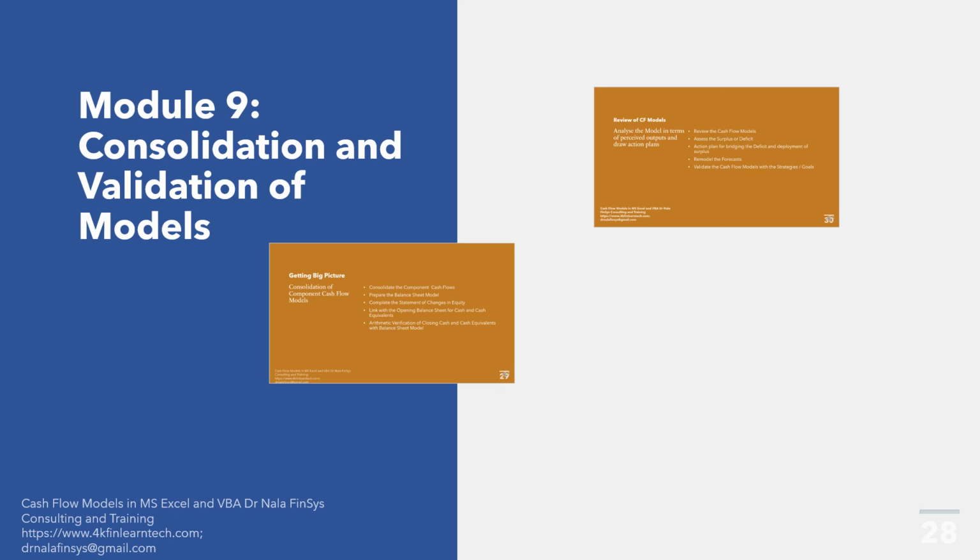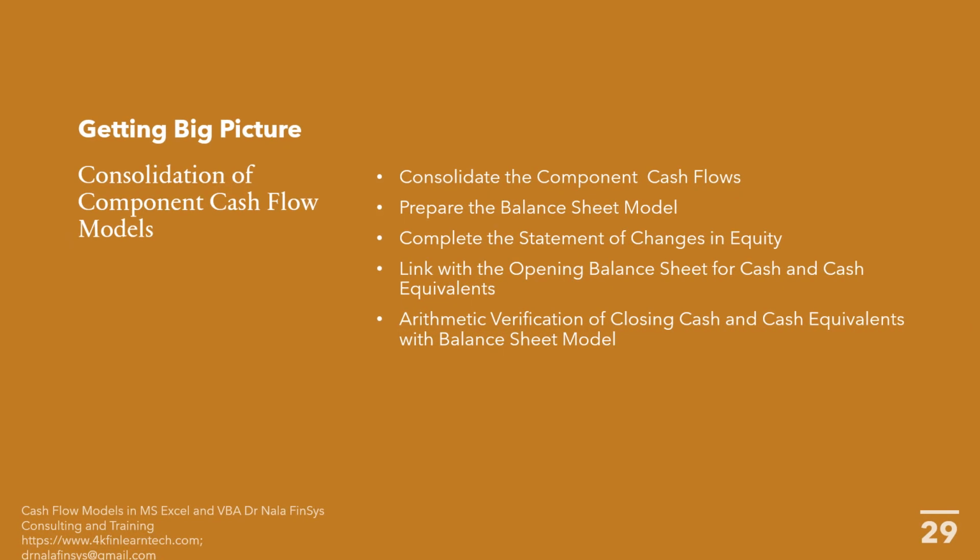Once the component models have been prepared, then we'll move on to consolidation of the cash flow models. Having prepared the component cash flow models, we need to consolidate them and get the consolidated entity cash flow models, which also require preparation and confirmation with the balance sheet model in relation to the closing cash and cash equivalents.